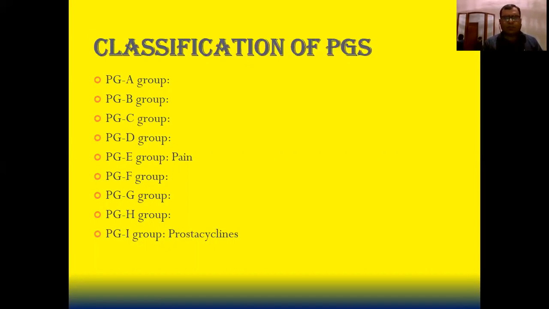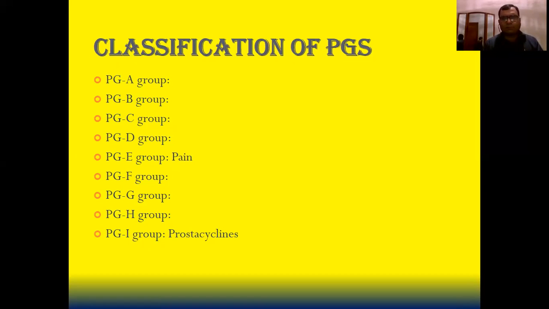These prostaglandins are classified from A to I: prostaglandin A group, B group, C group, D group, E group, F group, G group, H group, and prostaglandin I group.